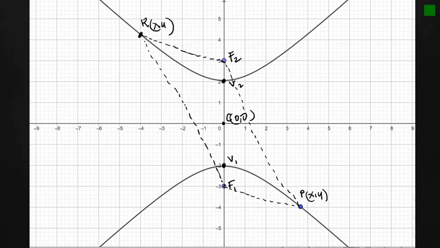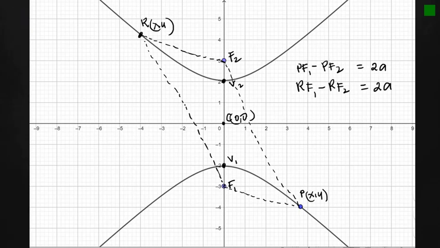So, P to F sub 1 minus P to F sub 2 would be equal to a particular constant, and R to F sub 1 minus R to F sub 2 would also be equal to the same constant. So, unlike the ellipse, where it's an equal sum, here in the hyperbola, it's an equal difference.